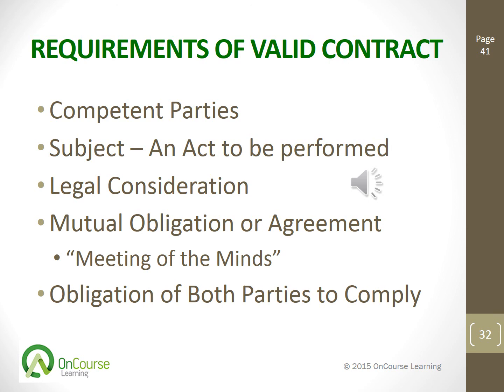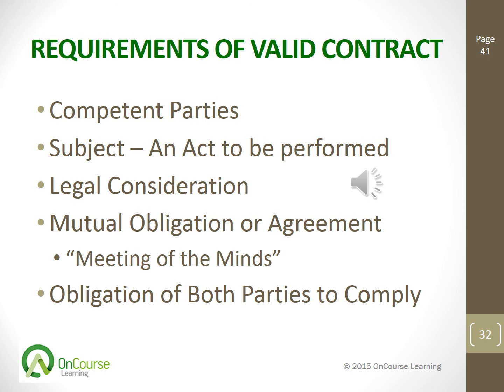So she, as a minor, was not competent to buy or sell properties, but in this case she was able to receive it as an inheritance and own the property, and when she became of age, then she could be considered competent and sell the property. The subject is an act to be performed. The rules and items in the contract need to be performed.